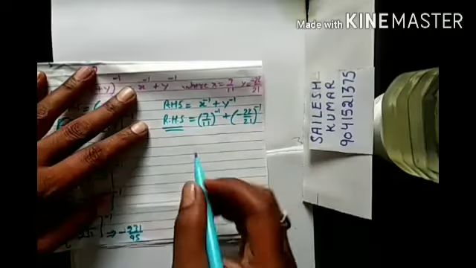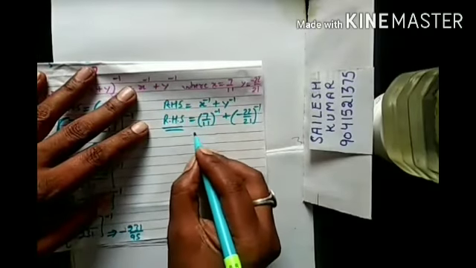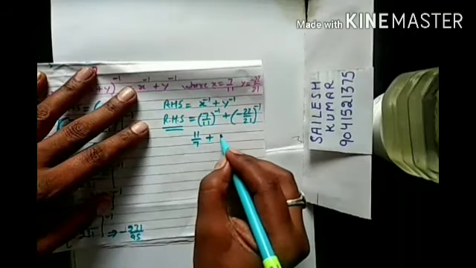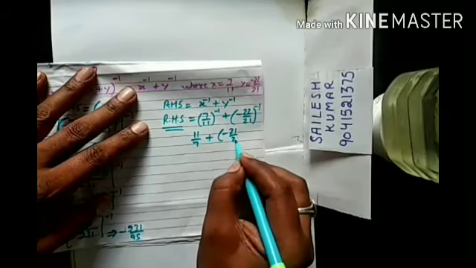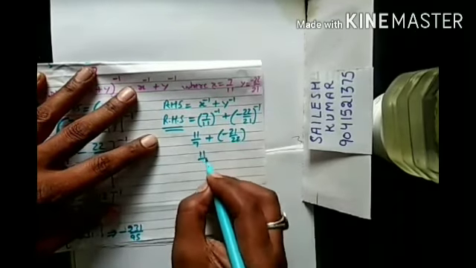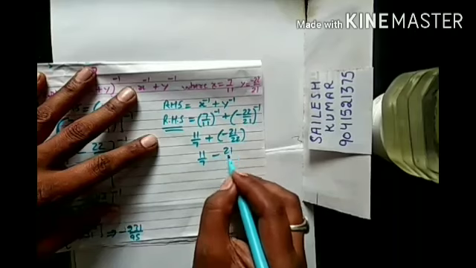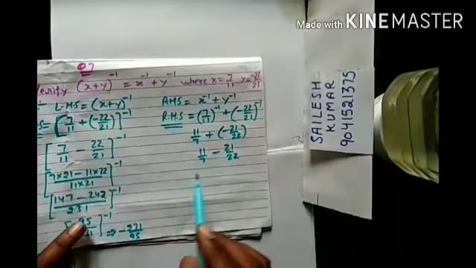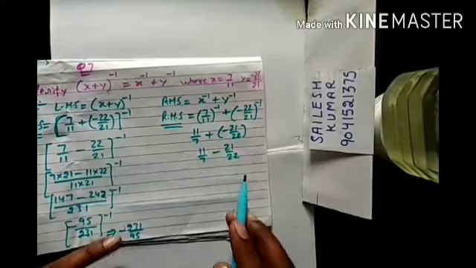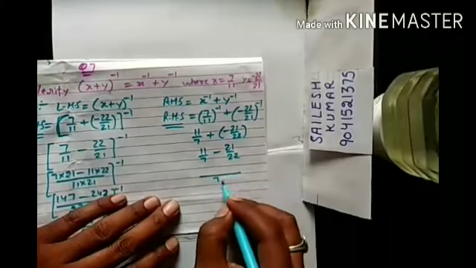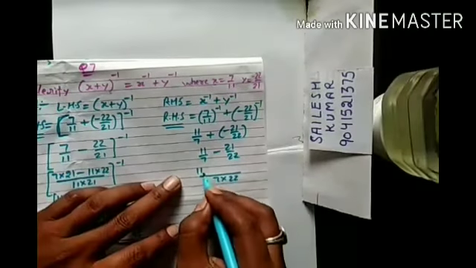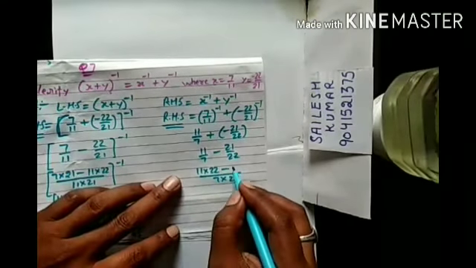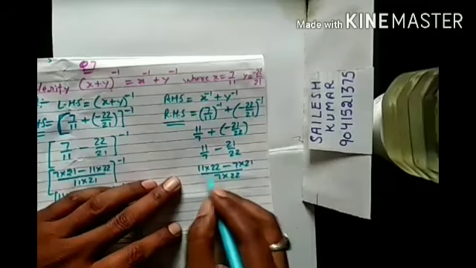Now we move to the right hand side. The answer for this is 11 by 7 plus minus 21 over 22. Now we will solve this. As we can take help from here, no need to go to further calculation. 7 and 22, so 7 multiply 22. 11 multiply 22 minus 7 multiply 21.